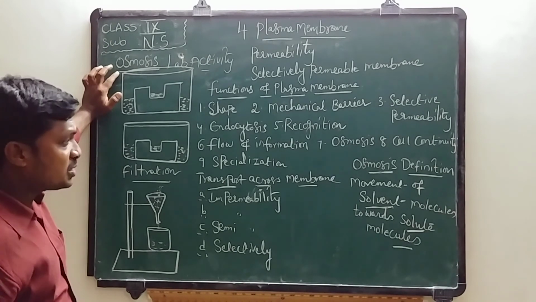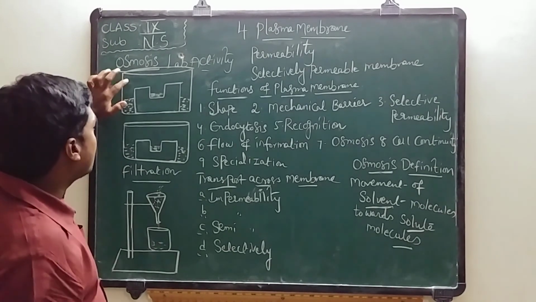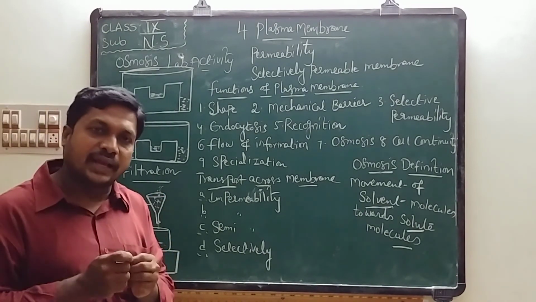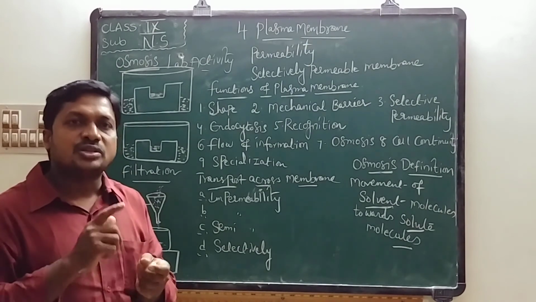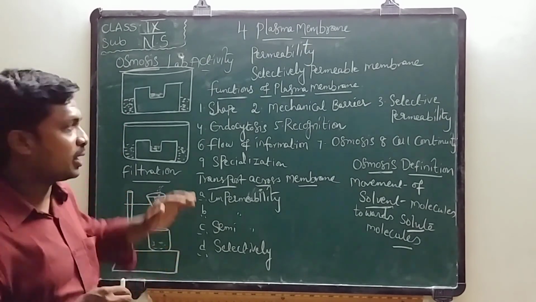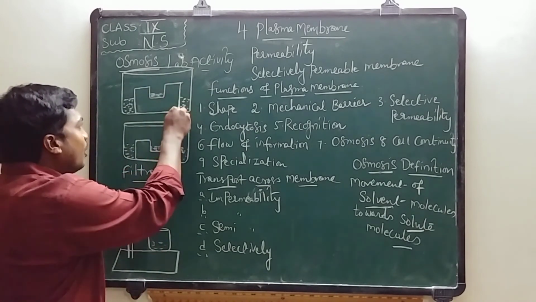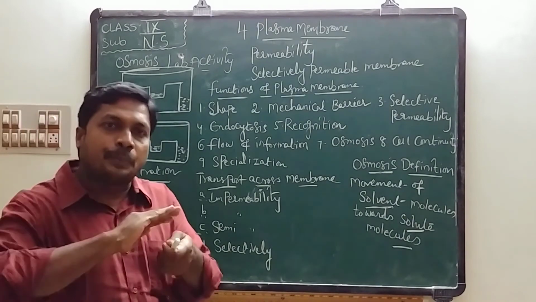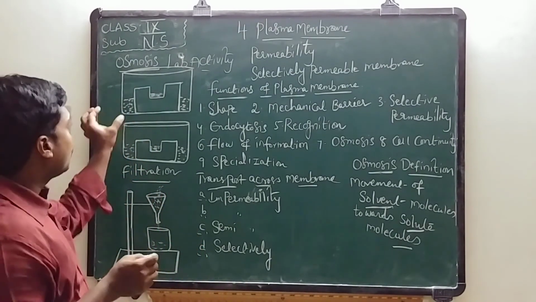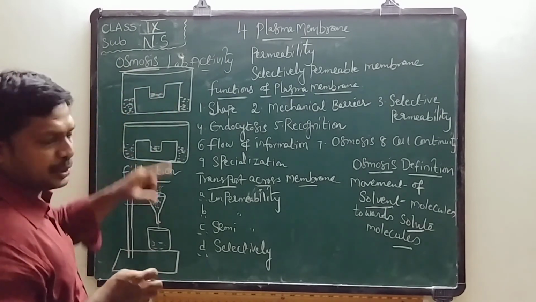To perform the osmosis activity, you require some materials. What are those materials? One beaker, one raw potato, a sharp knife, and tap water. In the first activity, take a raw potato, peel the skin and cut it into cube shape.